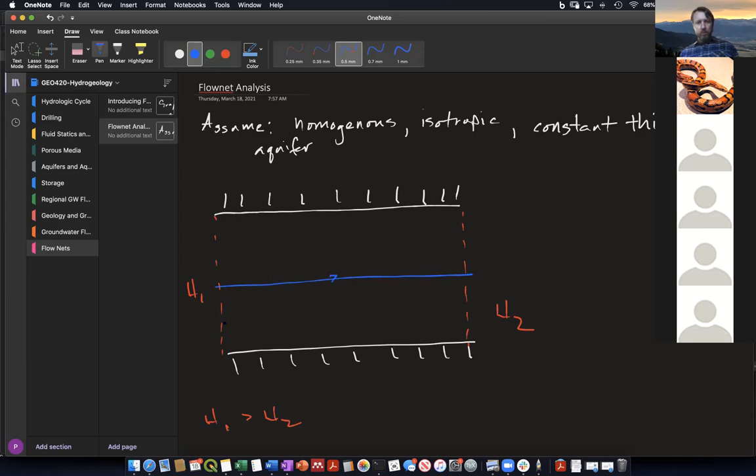And now I'm just going to try and divide this thing up evenly and make these squares as best I can.